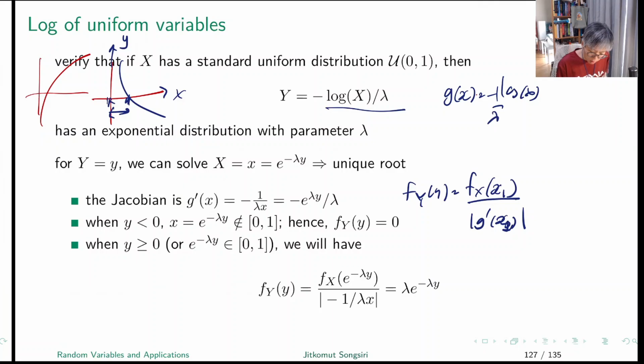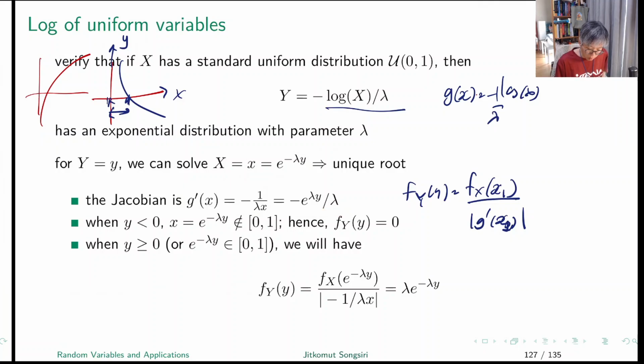When I take the derivative of log, the derivative of log is 1 over x, right? So I get minus 1 over lambda x. And I need to evaluate the Jacobian at the root x1, but my root is e to the minus lambda y.